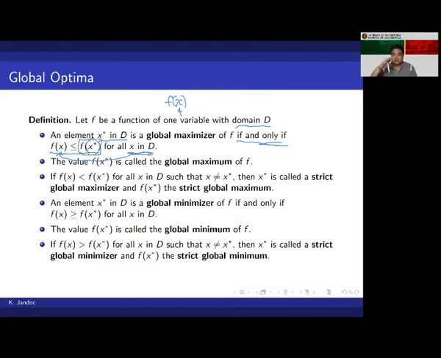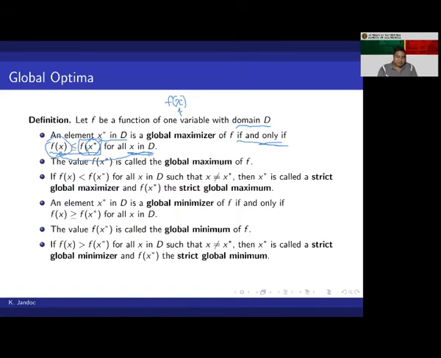So try another x. If you plug in that x into the function, it will yield a value that's no higher, less than or equal to the value of the function at x star. Then we call x star a global maximizer.